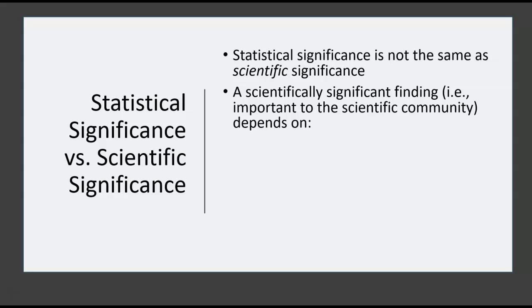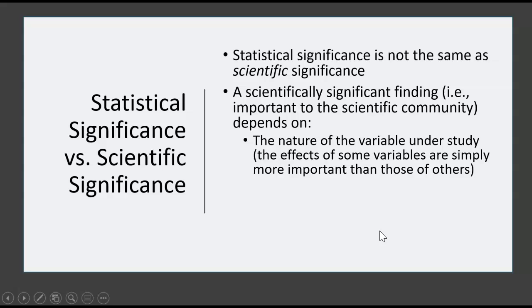You could have research that shows statistical significance related to the accuracy of, say, a virus test. If it wasn't that important to the scientific world, maybe there are a whole bunch of tests that already do that. It's just not as meaningful or important.